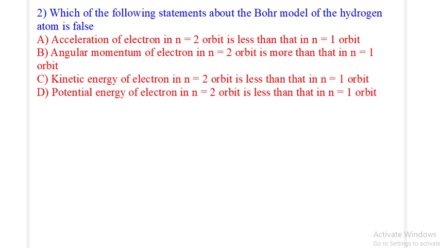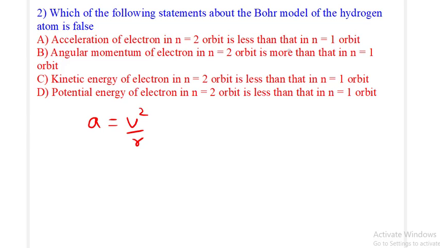Now the acceleration a is given by a equal to v square upon r, where v is the velocity and r is the radius of the orbit.